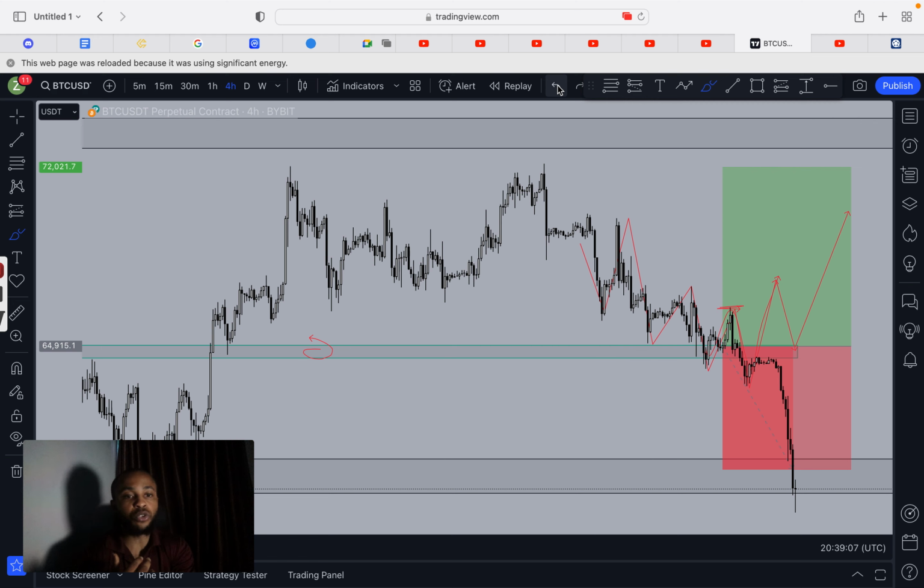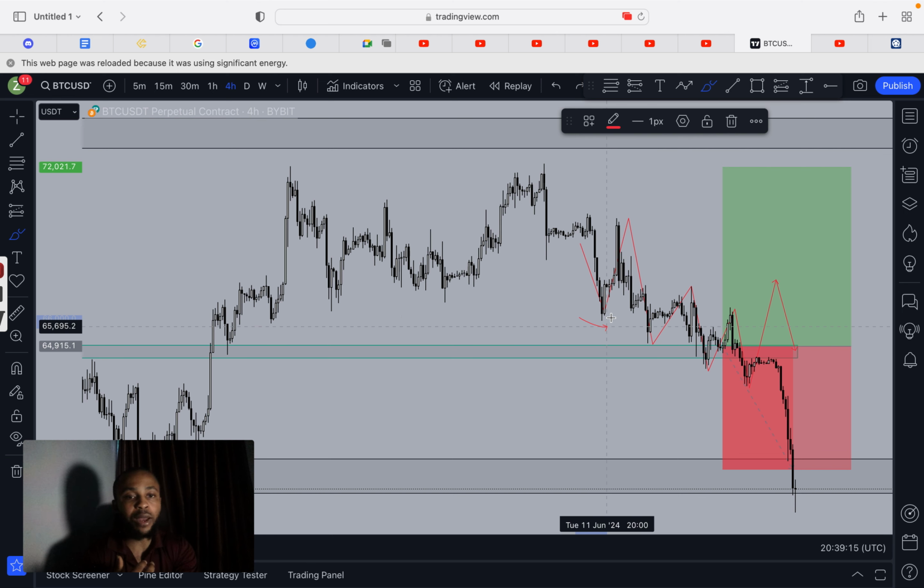So what do you do from there? You wait for the market to first reverse. You can see it has been printing lower low, lower high, lower low, lower high. I know when you were studying on YouTube you would have seen market structure. It printed the lower low here.